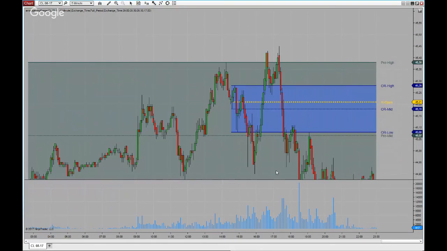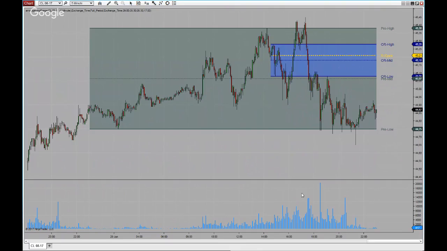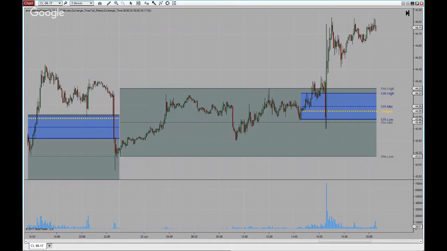Here we have a 5-minute chart of the crude contract, and I'll show here how you can set the pre-session, or how you can define it.